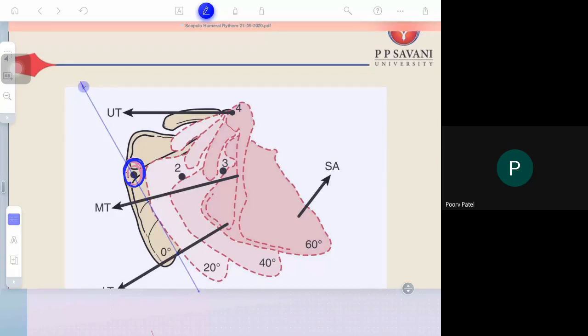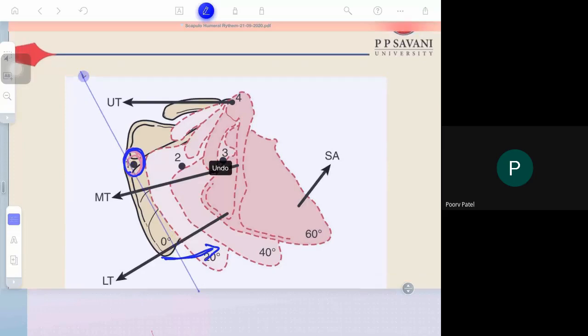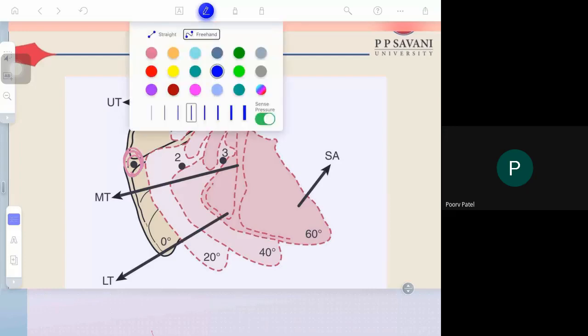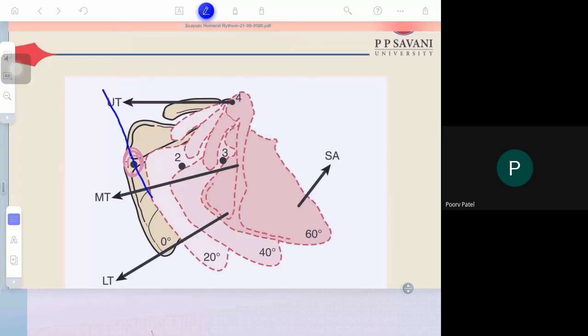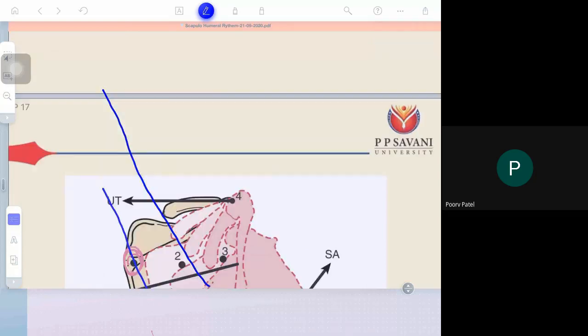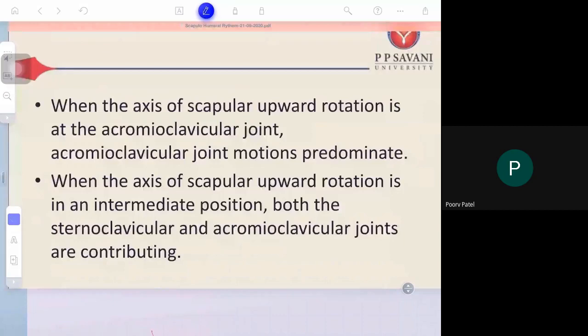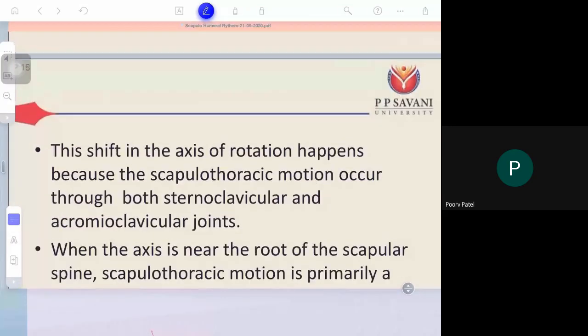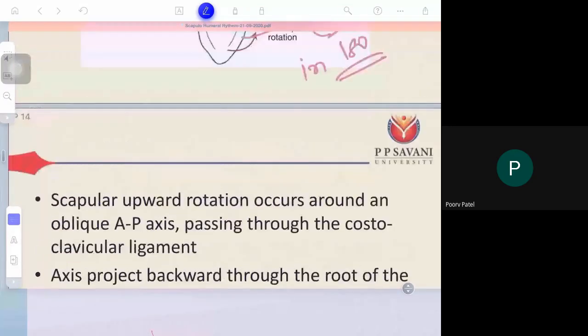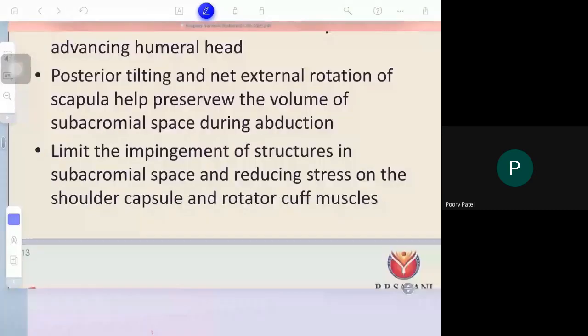I think you are clear. Initially, during the 60 degrees, from 0 to 20 degrees, the axis is passing through the... one second, I'll explain from this.